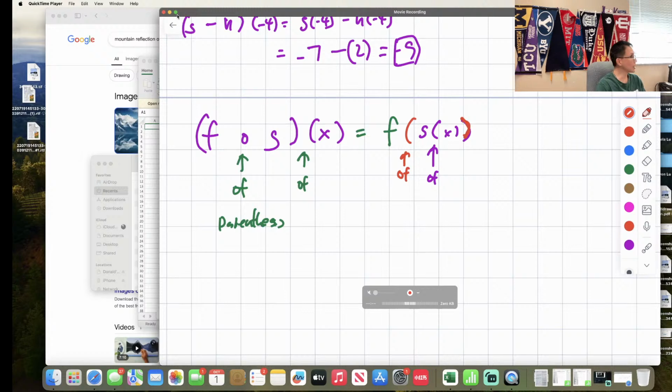You guys should have studied this last year in Algebra 2. It's called a composite function. Your teacher probably said it's f of g, so it's called f of g. It's a composite function.